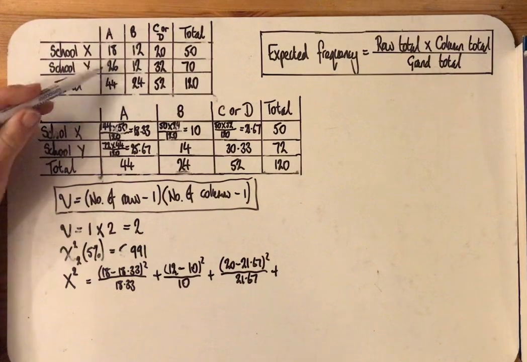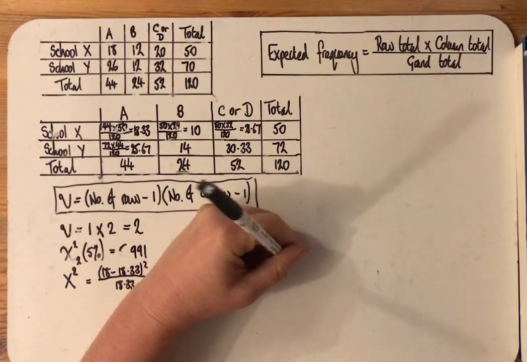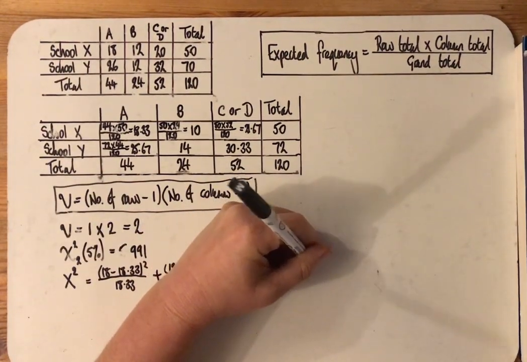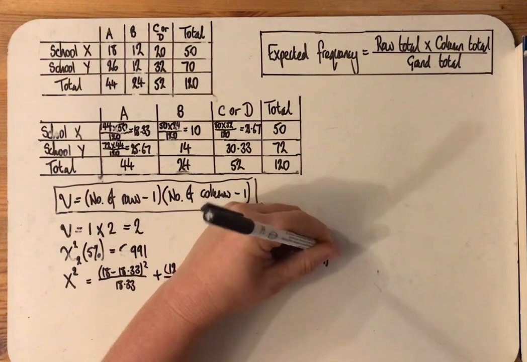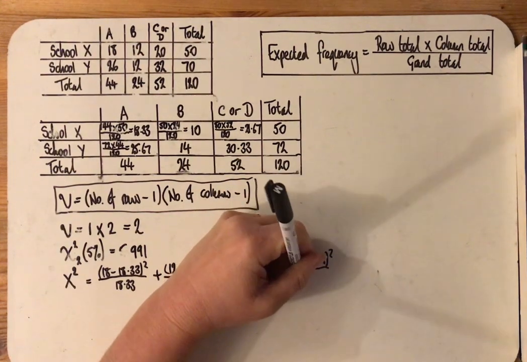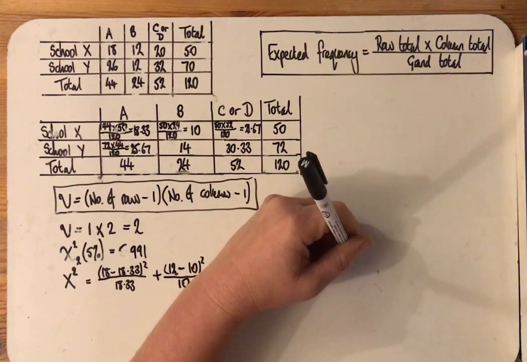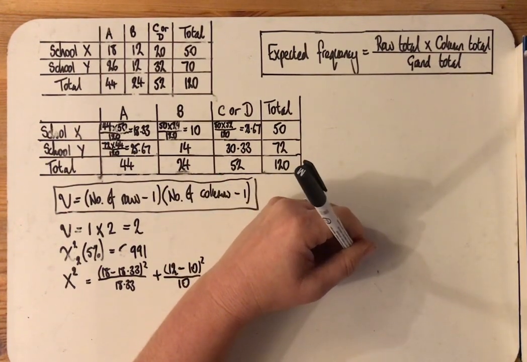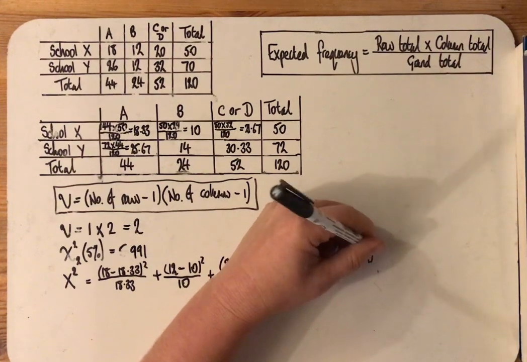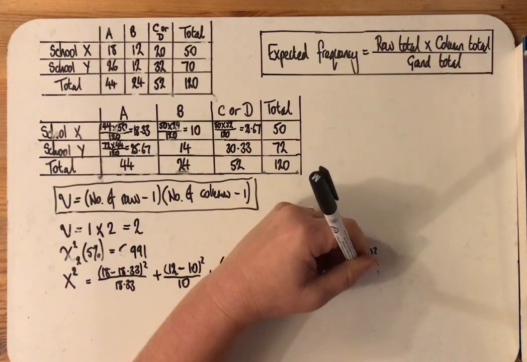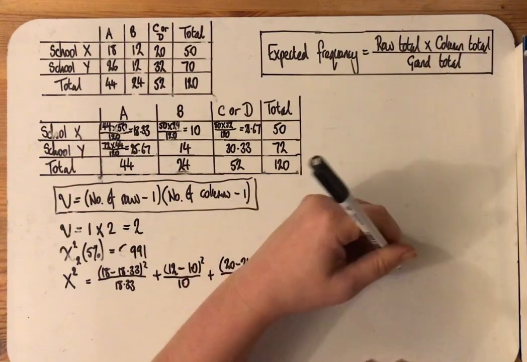So 26 minus 25.67. And the fit's not looking bad if you compare the two. And then 12 minus 14 squared over 14.